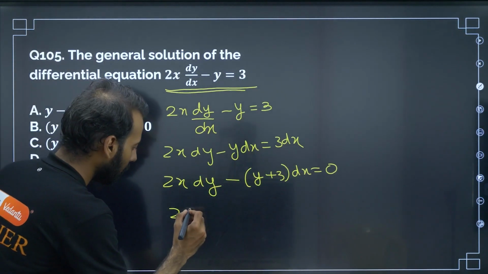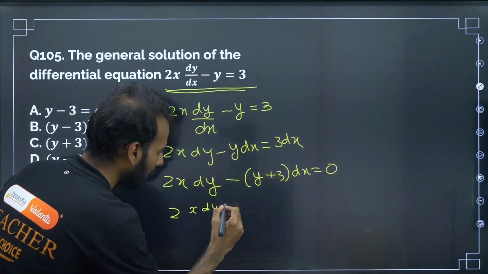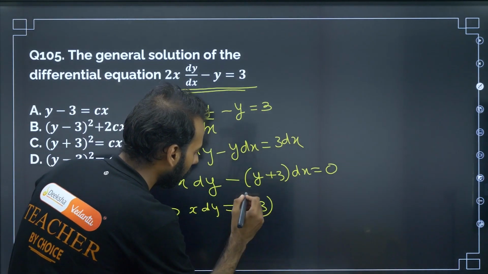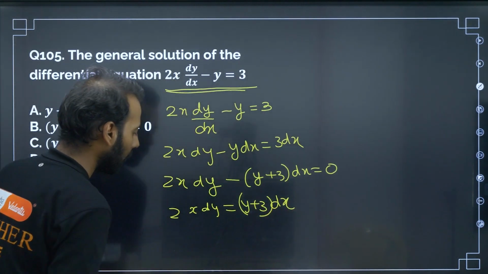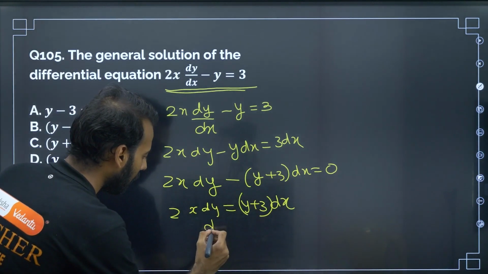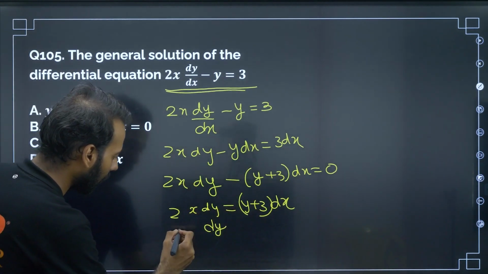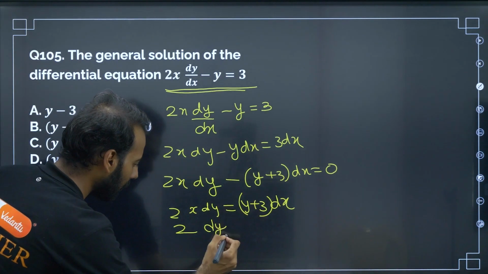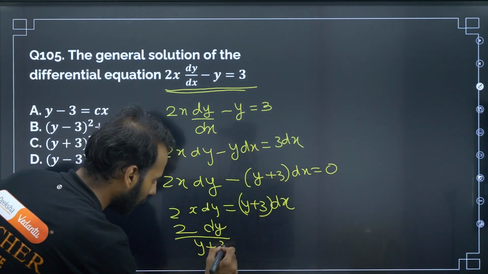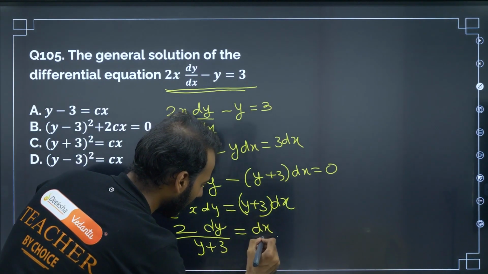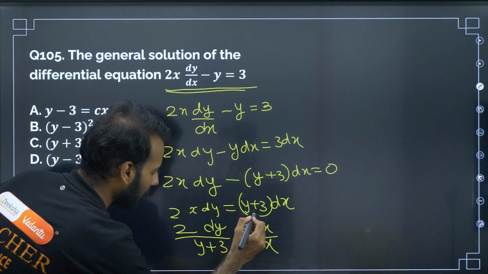Next, 2x dy is equal to y plus 3 dx. So dy by y plus 3, with the 2 kept here, is equal to dx divided by x. This x I have transposed to this side, so it comes in division.